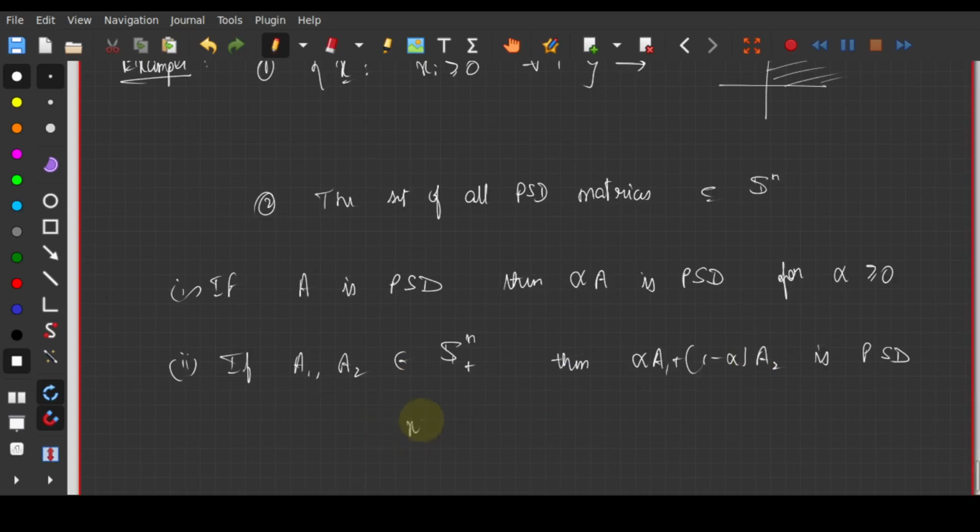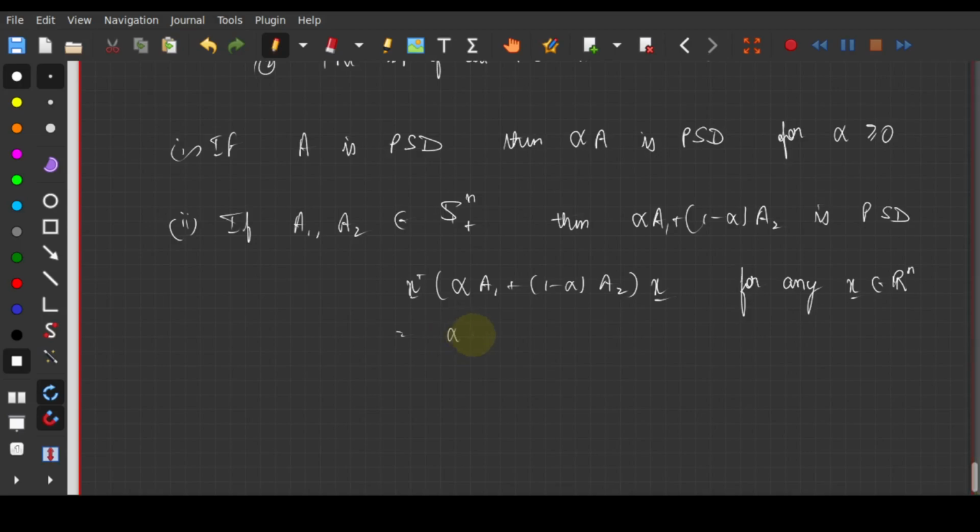Yeah, so we just take X transpose times alpha A1 plus 1 minus alpha A2, times X, for any vector X. This is simply alpha times X transpose A1 X plus 1 minus alpha times X transpose A2 X. It's true for any alpha greater than or equal to 0, but in particular, I can take alpha between 0 and 1.